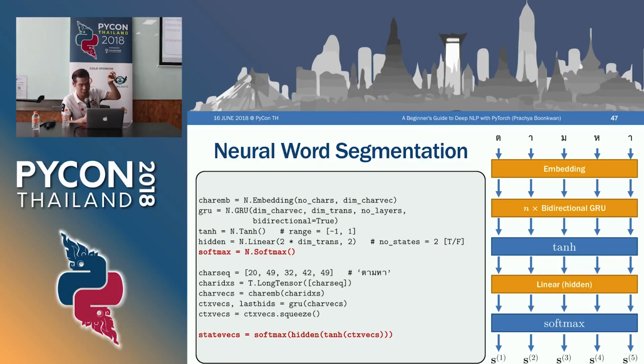We input the character vectors into the GRU and squeeze it to get the matrix of the resulting vectors. For the state vectors, we apply the hyperbolic tangent first, working from inside out. So we begin with the hyperbolic tangent, then we apply the hidden layer, and then we apply the softmax as the final step. That's the way we can get the resulting vectors, S.